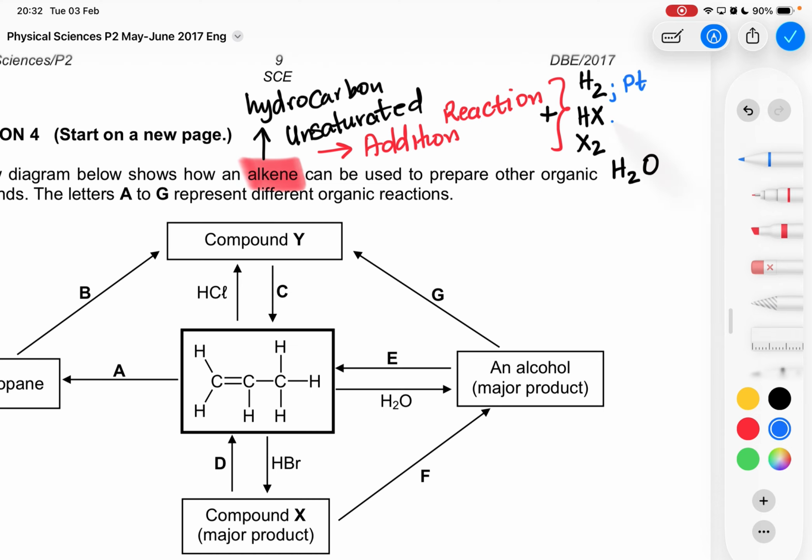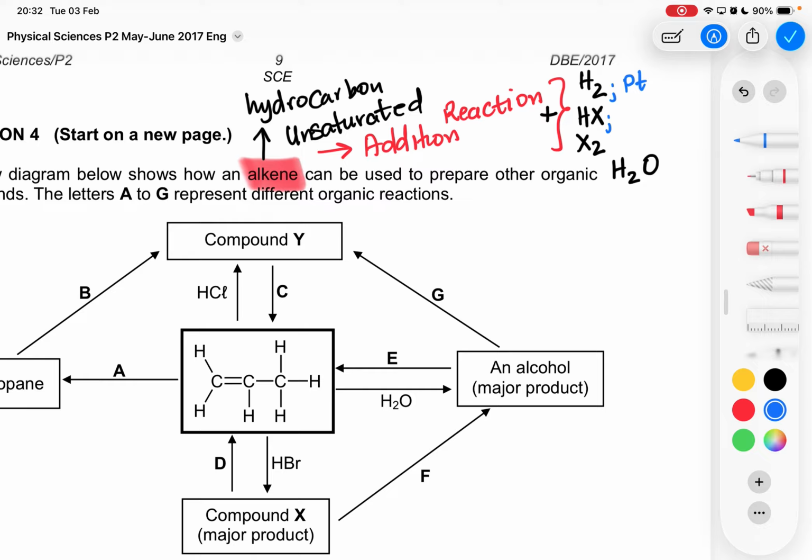And here we need what? With HX, let's say we need sulfuric acid, H2SO4. And this one is spontaneous, it's just room temperature. Here I would say no water is needed.